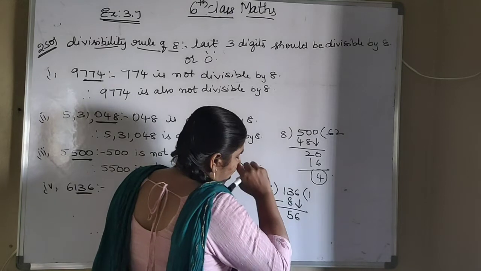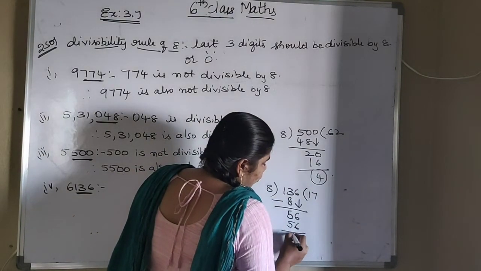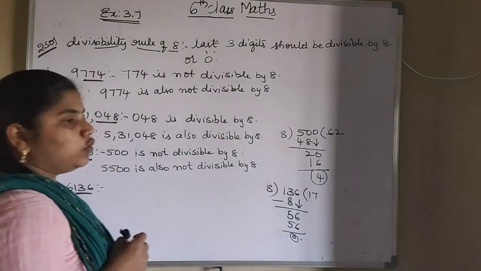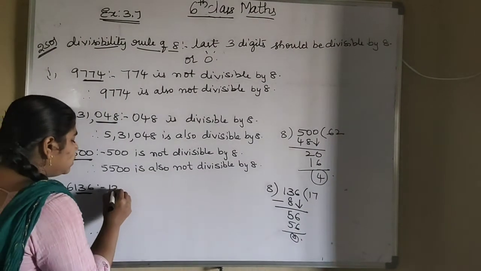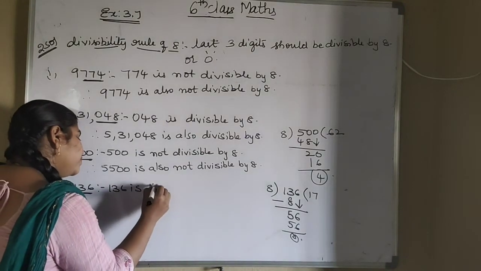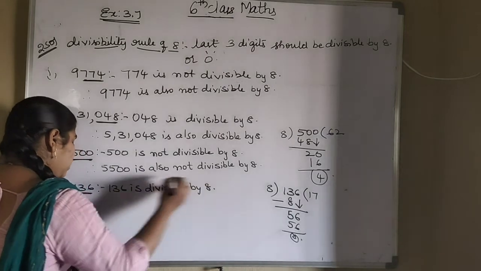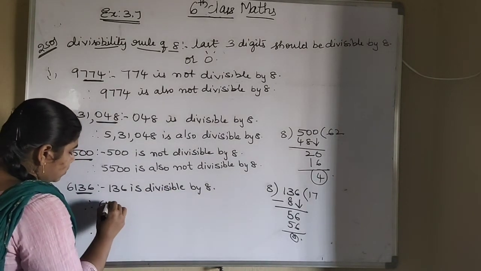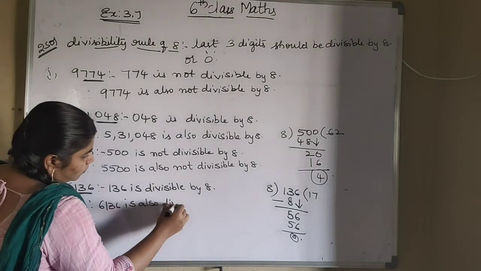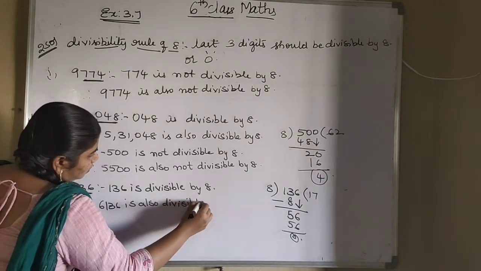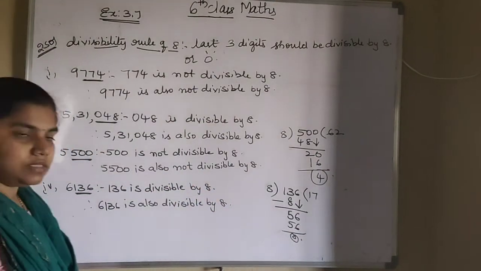Bring the 6 down. 8 7s are 56. You got the remainder as 0. So 136 is divisible by 8. Therefore, 6,136 is also divisible by 8. So this is our fourth question in the second bit.